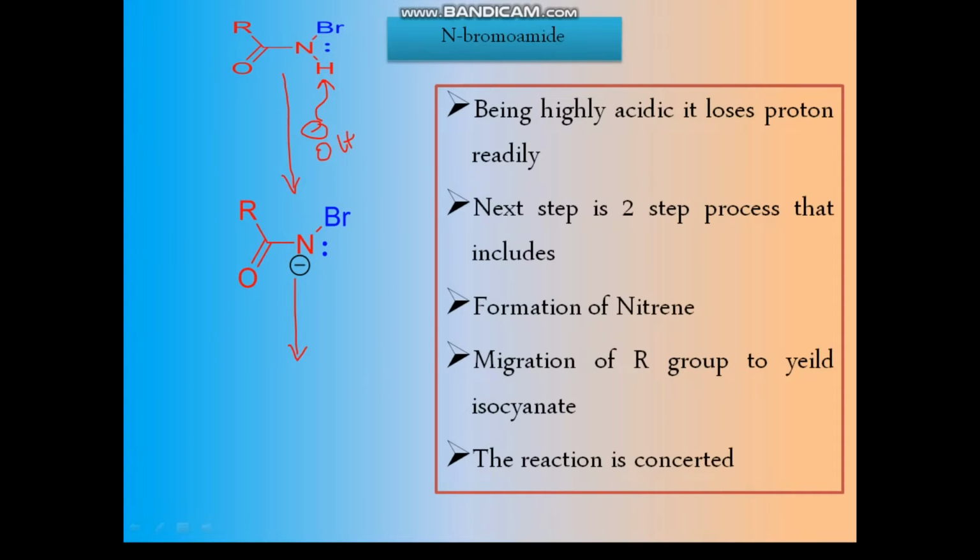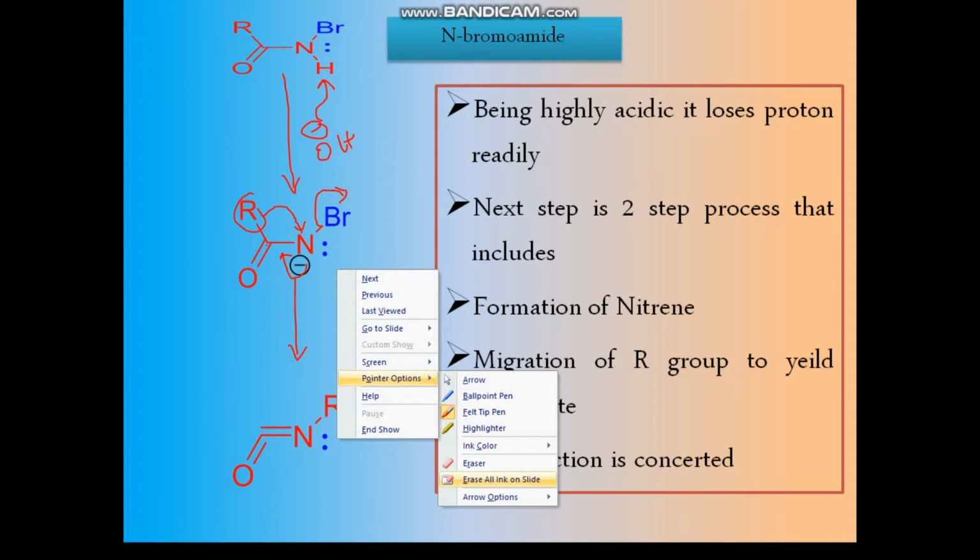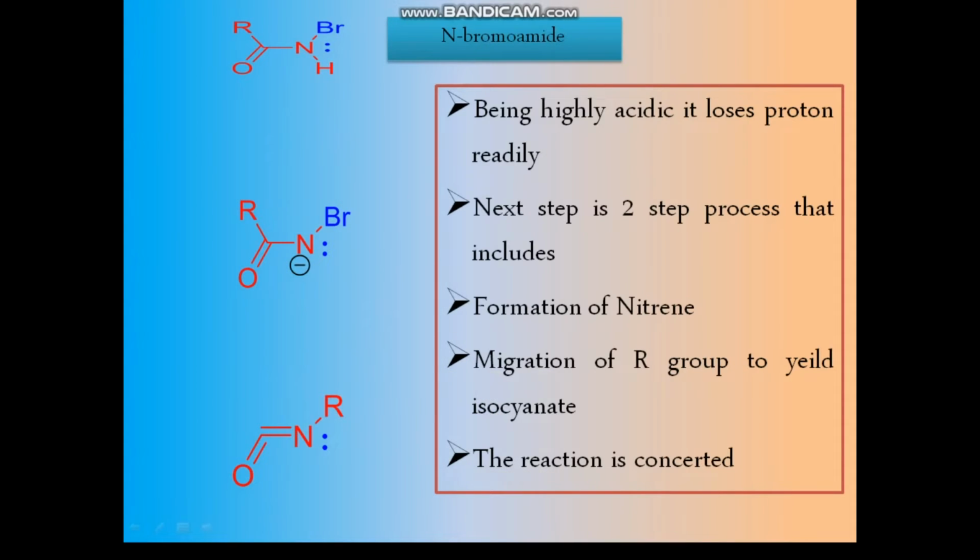There may be a concerted reaction such that there is a migration across the carbonyl carbon to nitrogen, the R group gets migrated, pushing off the bromide as a good leaving group, and once again leading to the formation of a double bond, thereby the isocyanate might have formed. So this is the isocyanate that was formed, right?